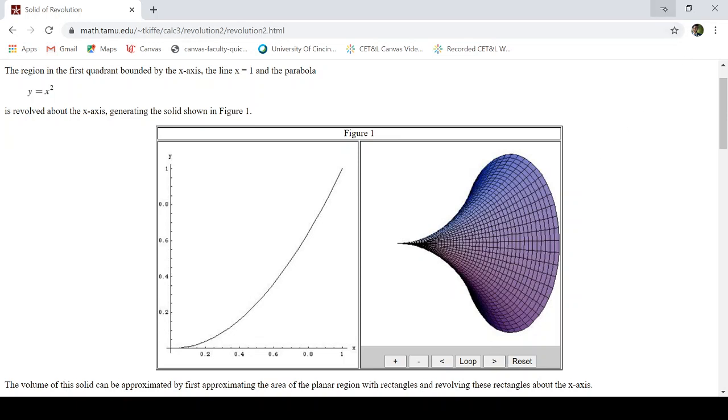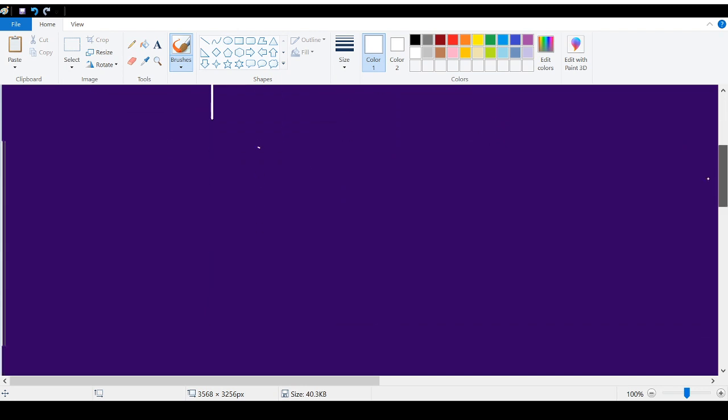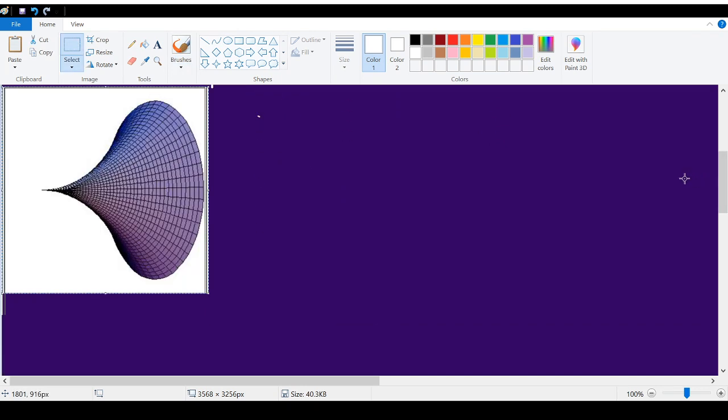And our goal is to compute the surface area of that three-dimensional object. So in this three-dimensional object you have a certain surface area.